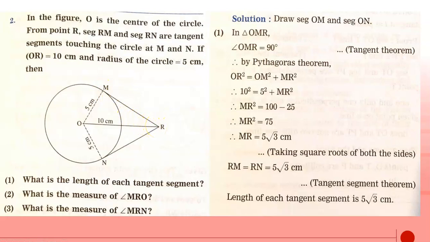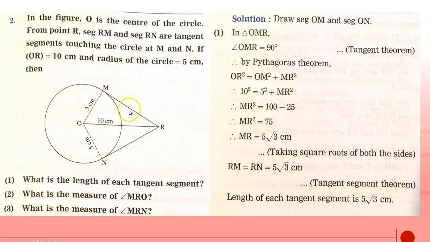Now, OR is given to me as 10 centimeters. So, 10 square is equal to OM is 5 square plus MR square. So, from here I get MR square is equal to 100 minus 25, which is 75. And when I take square root on both sides, I get the answer as 5 root 3 centimeters.